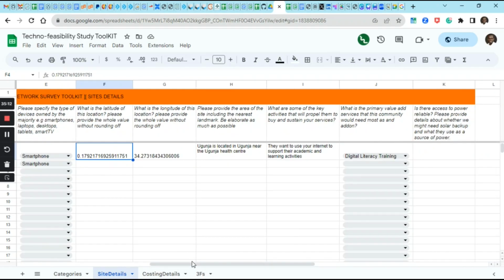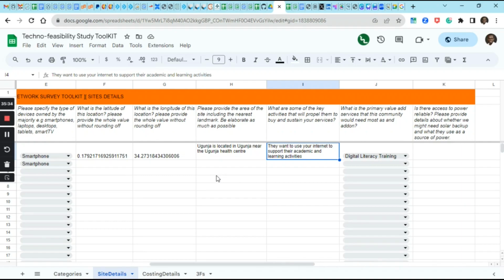You can provide an overview detail of how it is, where it is located, whether you have another landmark somewhere. The reason why you need to have a landmark is for you to be able to direct someone to that particular site.